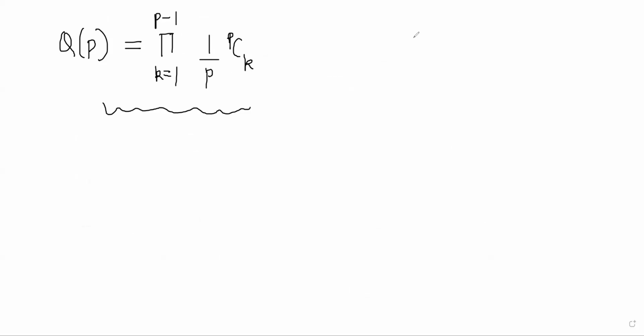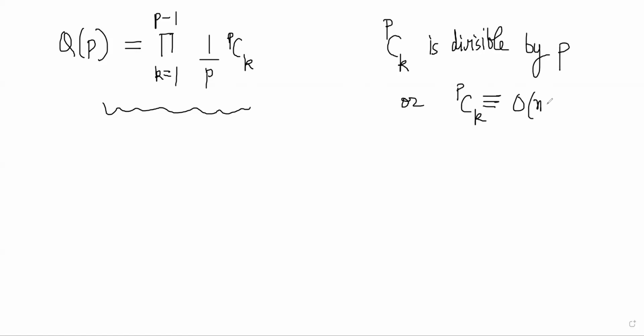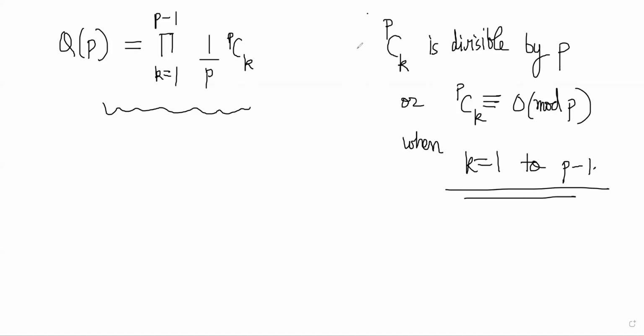Now you can check that this is a very common identity, that pck is divisible by p, or pck is congruent to 0 mod p when k goes from 1 to p minus 1. You can check this identity.